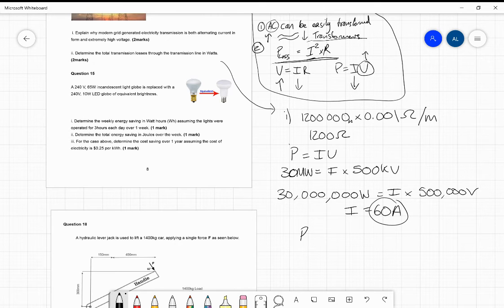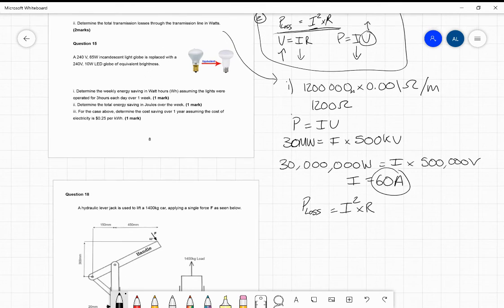So the power loss in transmission lines is current squared multiplied by R. And that gives us 60 squared times 1200.